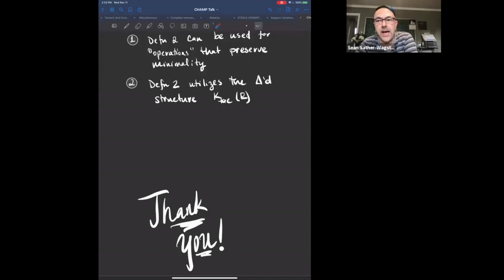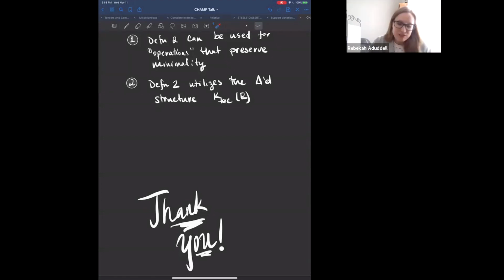Do you have any applications in mind of what you want to do with the critical degree and the critical co-degree? Yeah, the original motivation for why we defined it is the application we're hoping for: given a support variety, being able to compute the module that has that support variety with the fewest possible generators.